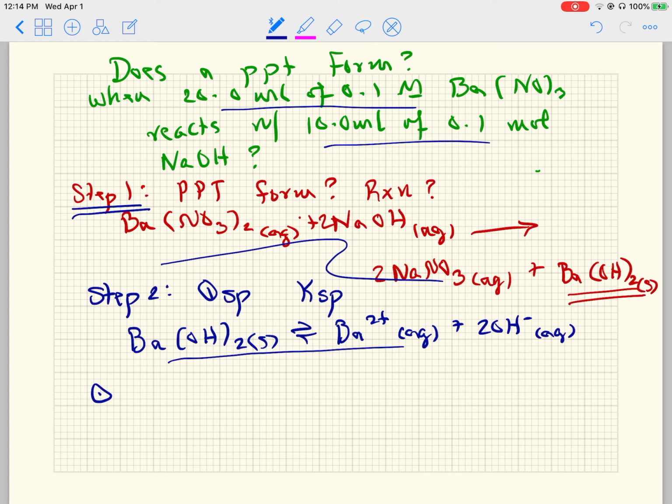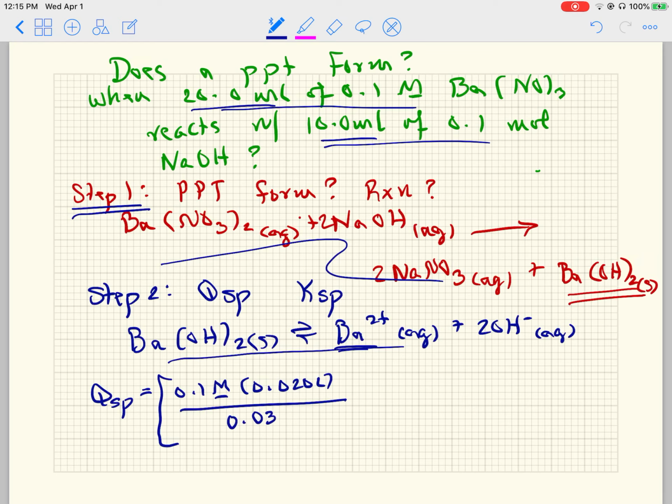So now that we have that straightened out, we're going to figure out what Q is. My Qsp is going to be based on my barium ion concentration. So I've got to take into consideration that it was diluted. So I have 0.1 molar times 0.020 liters, divided by the total volume it's in. So we have 20 mils plus 10 mils, so that's going to be 30 mils.